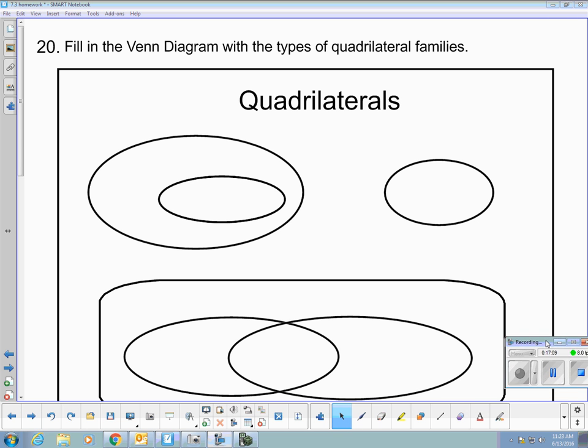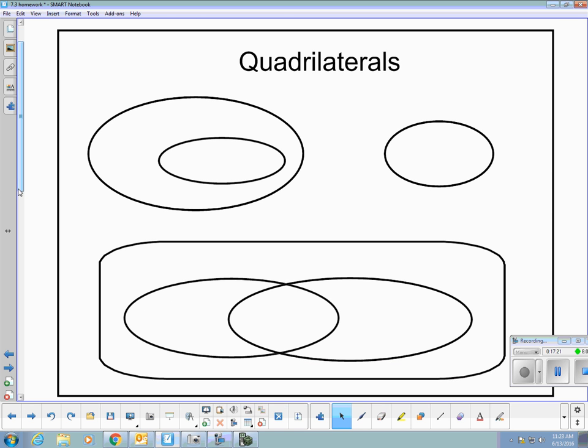Now that we've studied all the different types of quadrilaterals, this is a great way to organize and think about what quadrilateral families belong to each other. So I'm going to begin by, first of all, putting the kite family, which is all on its own inside this circle.